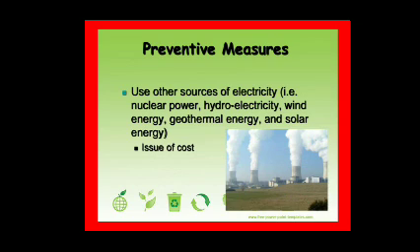Use other sources of electricity, that is nuclear energy, hydroelectric energy, wind energy, geothermal energy and solar energy. These energy sources do not release oxides of sulfur, nitrogen and carbon into the environment. Use alternate energy sources like hydroelectric energy, wind energy, geothermal energy and solar energy.